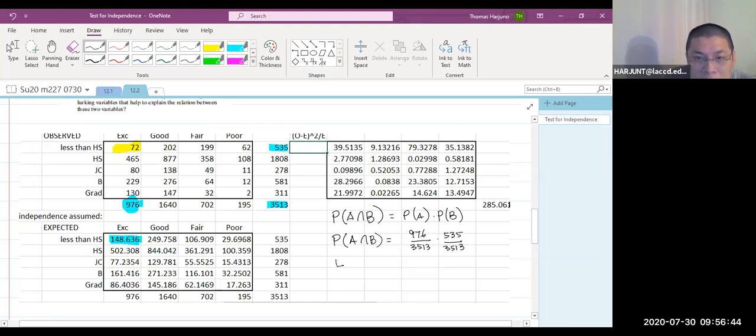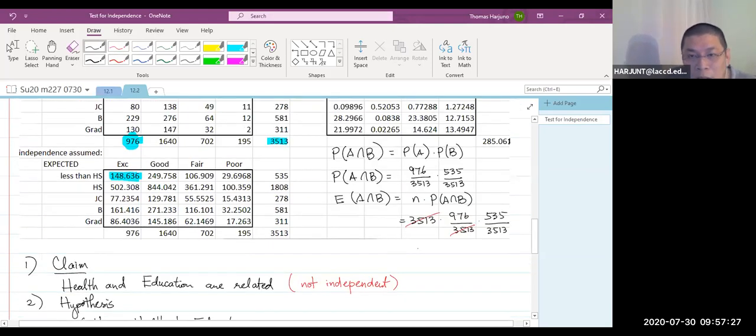So how about the expected value for that event? The expected value will be n times the probability for that event to happen, the number of trials times the probability of that event to happen. Which is 3513 times 976 over 3513 times 535 over 3513. And you see one of the 3513 cancels.